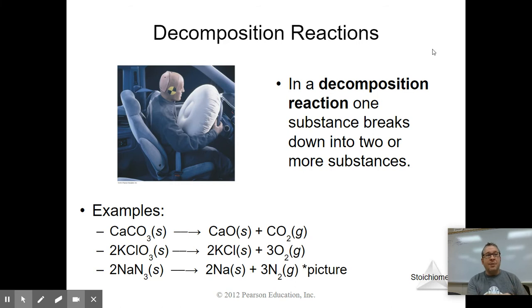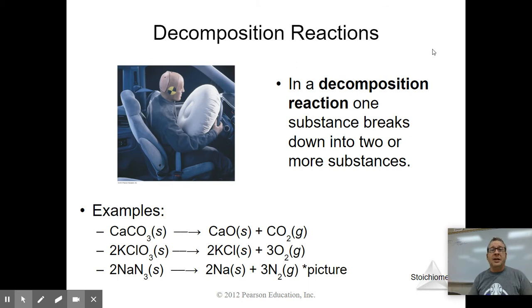This type of reaction relates to the picture that you see up in the top left. That is what used to be, I don't know if they still use it now, but for a long time, cars that had airbags in the steering wheel or anywhere else would use a decomposition reaction of sodium azide, where you'd have sodium azide present in the steering wheel.